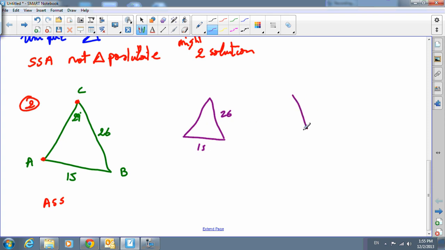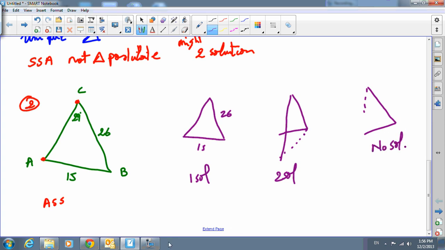But I can also have these two. Instead of having it like this, I can drop this 15 down here and still close it. Note that this is still 15. This one will give me one solution, but this one will give me two solutions actually. If it doesn't close completely, it doesn't give me a triangle at all, and this one will therefore be no solutions.